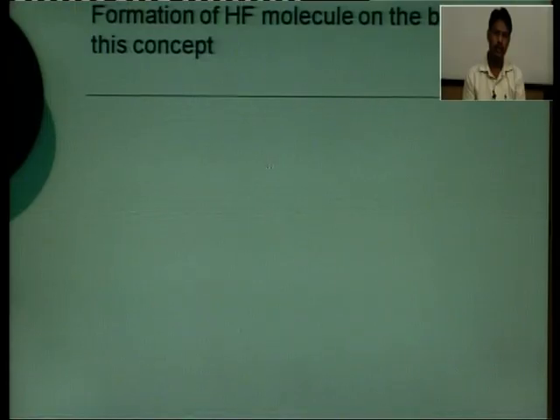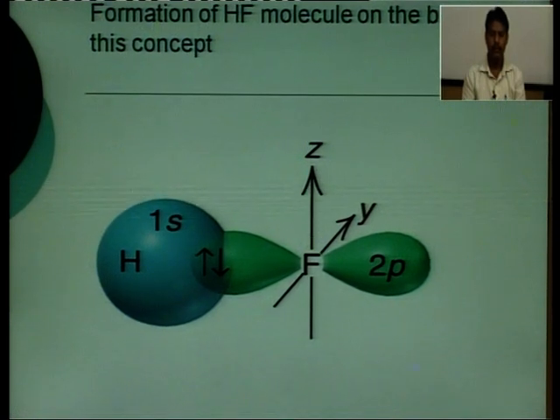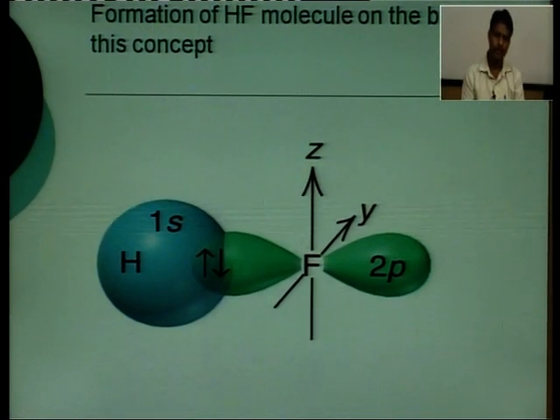Formation of hydrogen fluoride molecule on the basis of this concept. Here the 1s orbital of hydrogen, having one electron, overlaps with the p orbital electron of the fluorine atom.